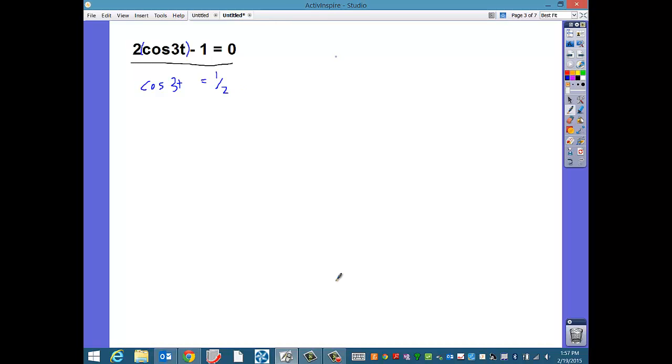And I started class by showing you that cosine of x equals 1/2 would generally, as an equation, have a solution set that is x is equal to pi over 3 and 5 pi over 3, because those are the two natural solutions. In other words, between 0 and 2 pi on the unit circle, you've got this one with a cosine of 1/2 and this one with a cosine of 1/2.